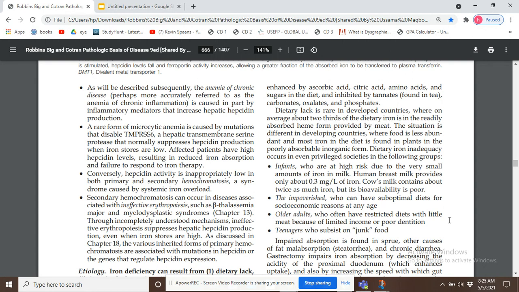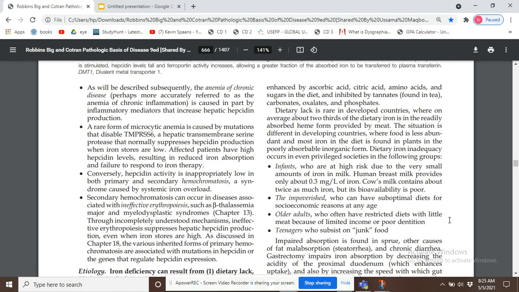Okay, so I have told you that there are certain age groups in which there are more chances of iron deficiency anemia as compared to other groups. For example, infants, who are at high risk due to very small amounts of iron in milk.